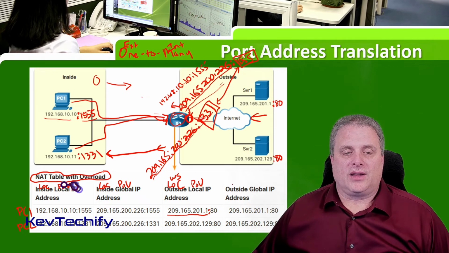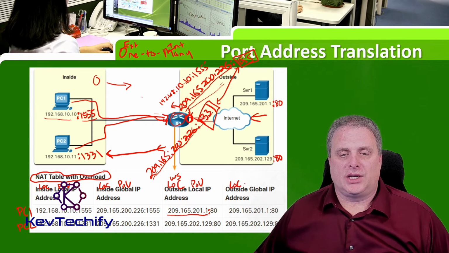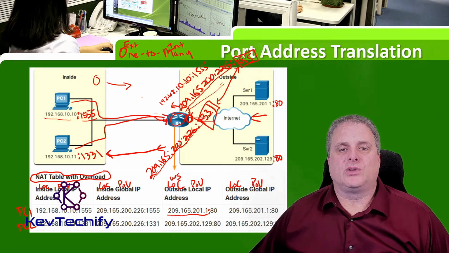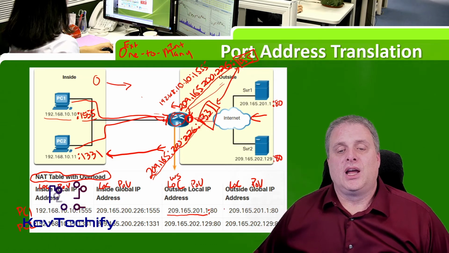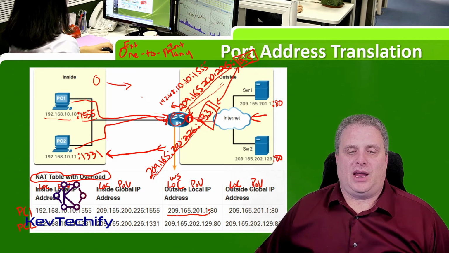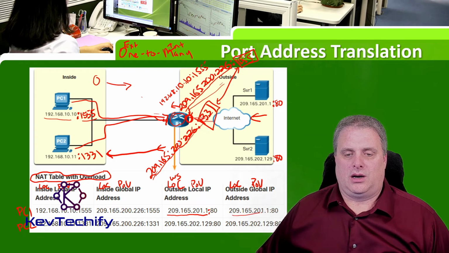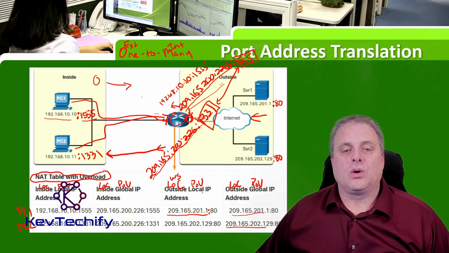And then finally, our last one here, our location is outside, so we're talking about our web servers outside, and our point of view is where are we viewing it from? On the outside on the internet. So somebody on the internet, how do they want to reach these servers? They're going to use the same address here as our outside local IP addresses.